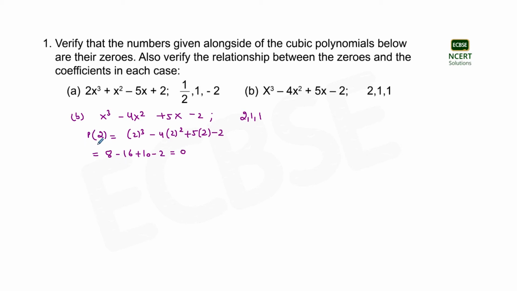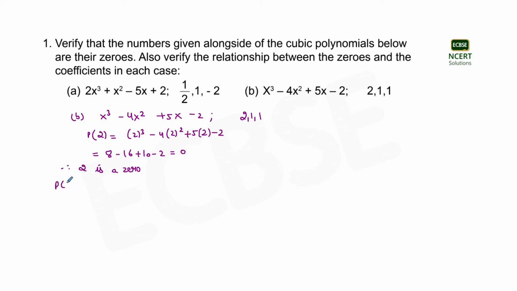What it means is that as the value of this polynomial, on substituting in place of x the number 2, comes out to be equal to 0, therefore 2 is a zero, because its value comes out to be equal to 0 on substitution of number 2 in the polynomial.